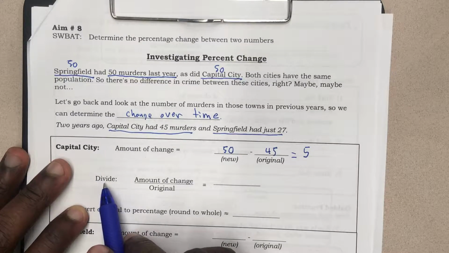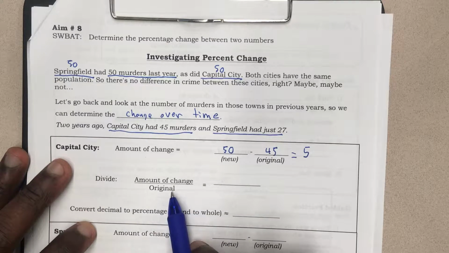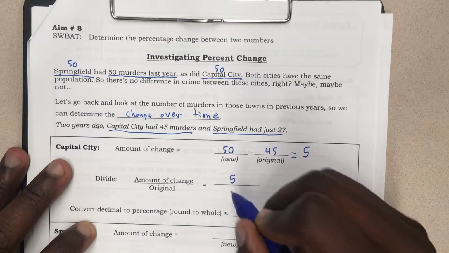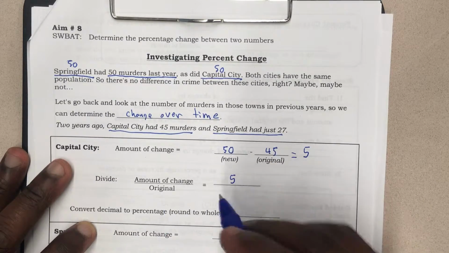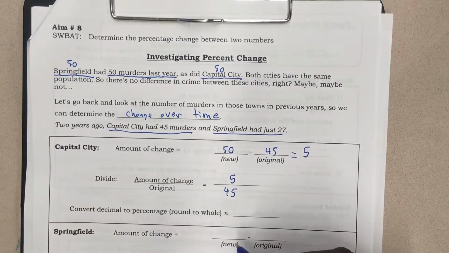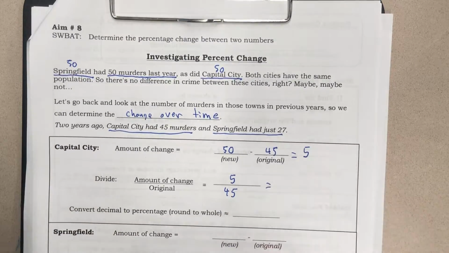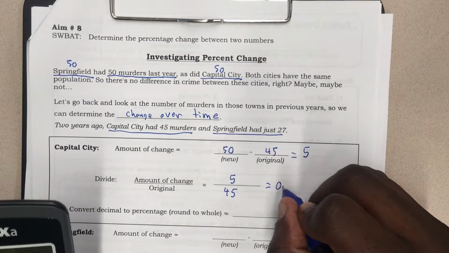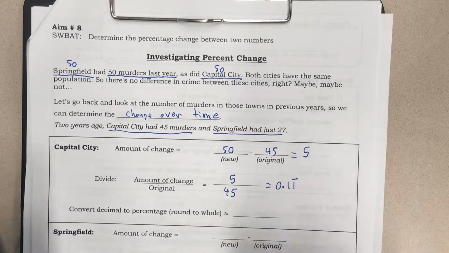Now, I want to divide the amount of change by the original. This is how I can get something they call percent change. So I put my amount of change, which is 5, and then my original, 45, on the bottom. I do that division. On the calculator, 5 divided by 45, and we get 0.11, and the 1 extends on and on.